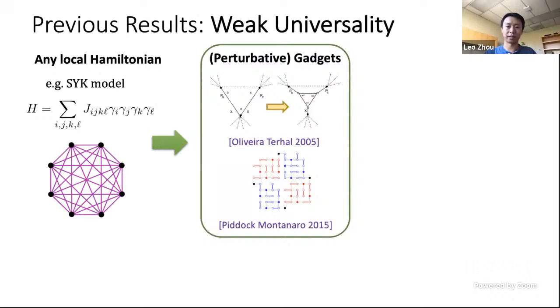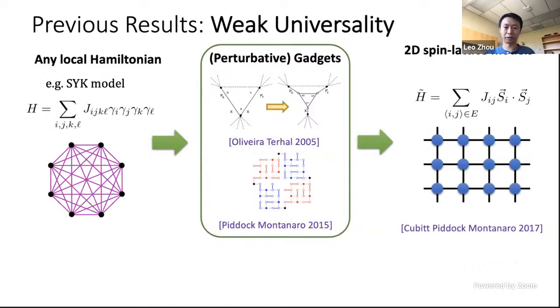For example, you can take a complicated interaction graph and reduce the graph degree using something called the fork gadget. It was also found later that you can make the gadget fit on the 2-dimensional lattice. Doing so allows you to map the original target Hamiltonian H to a 2D spin lattice model, as shown in the work by Piddock and Montanaro.